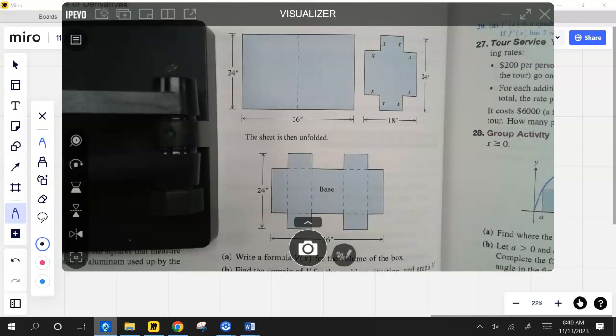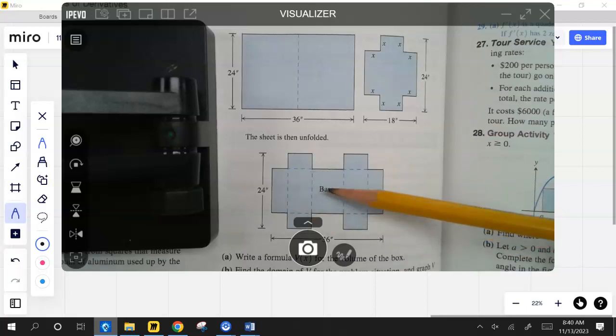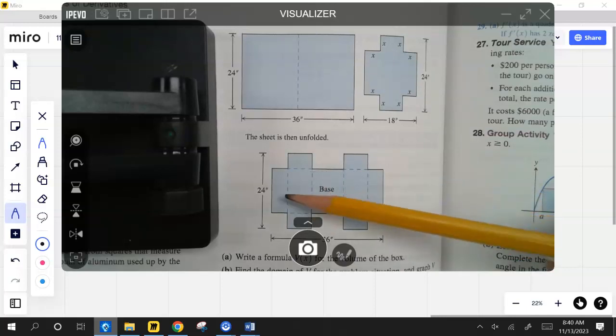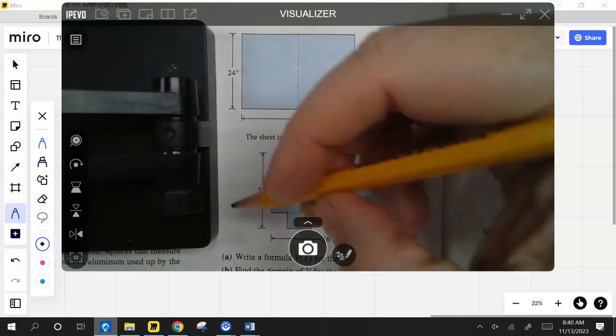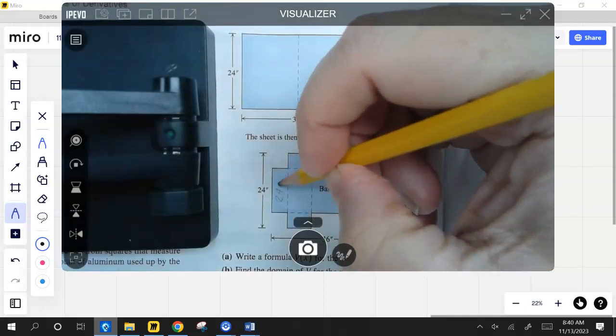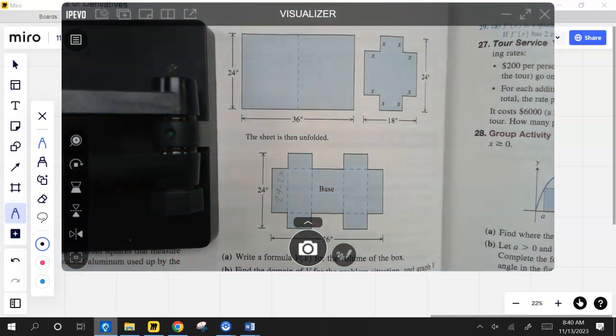So how am I going to figure that out? What do y'all think? All right, look, they've got the base here for you, right? Let's talk about these dash lines first. How long are those dash lines right here? Because those are kind of the easiest to find. 24 minus 2x, I agree. Okay, that's each of them. That's the length. So how about the width?